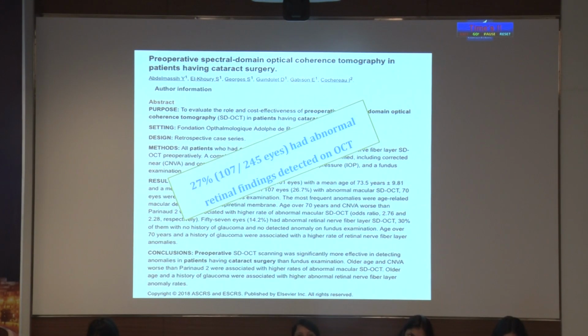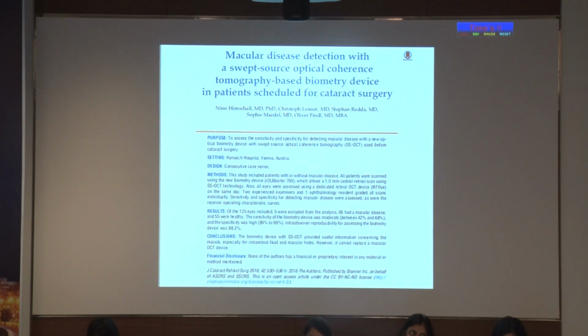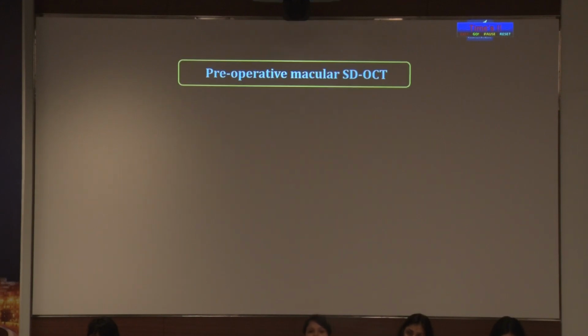There are many other publications which showed similar results. We updated our study, and currently we have screened about 14,000 eyes, and a good 24.47% of the patients had macular pathology, and treatment-altered eyes were about 258.